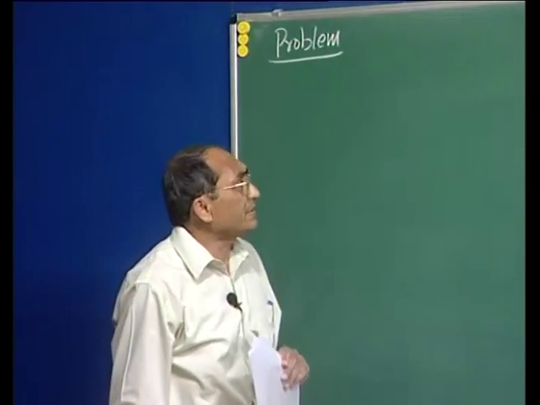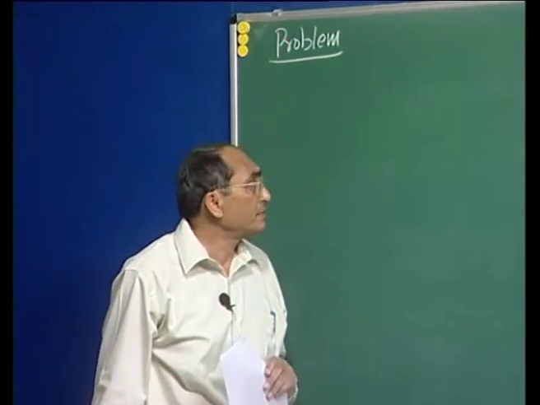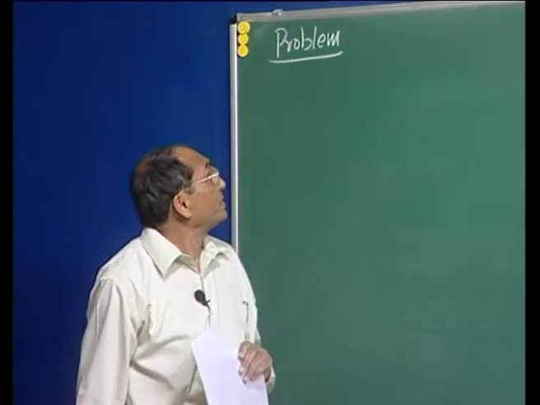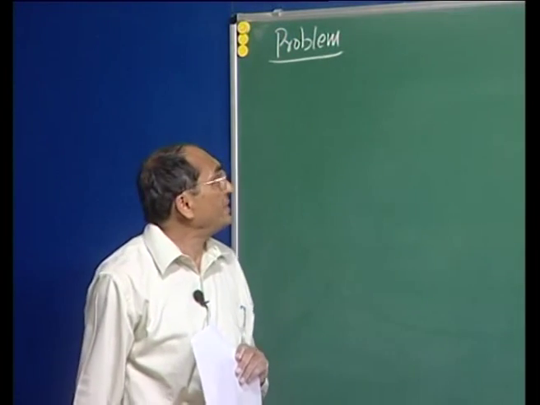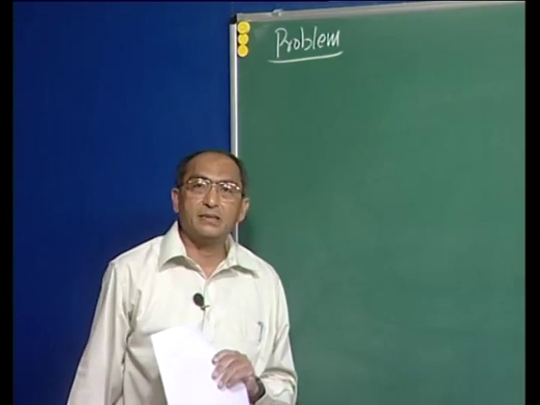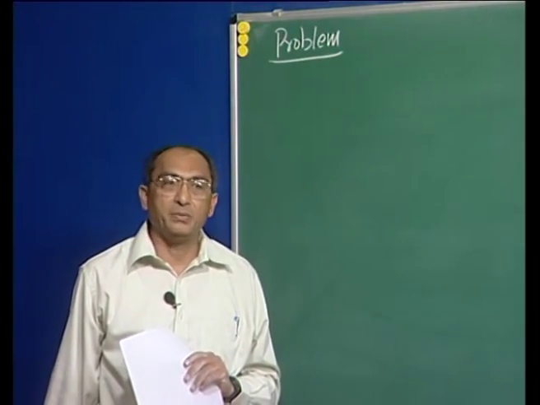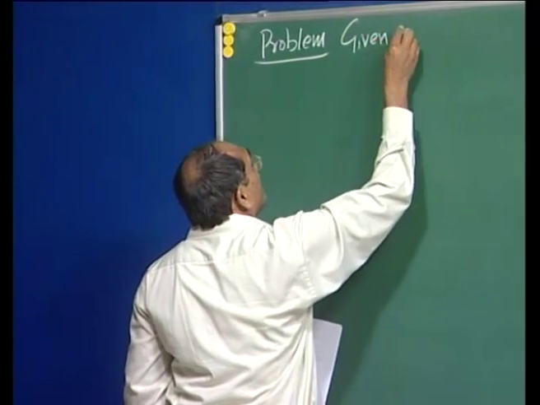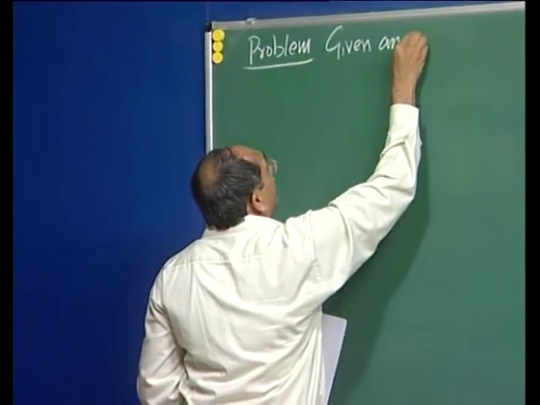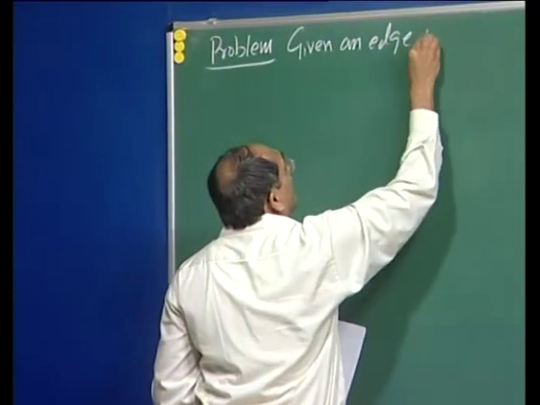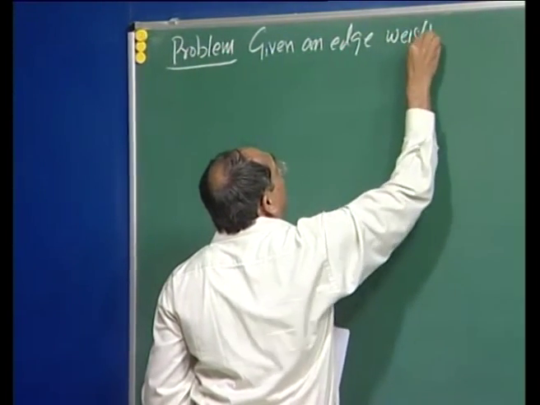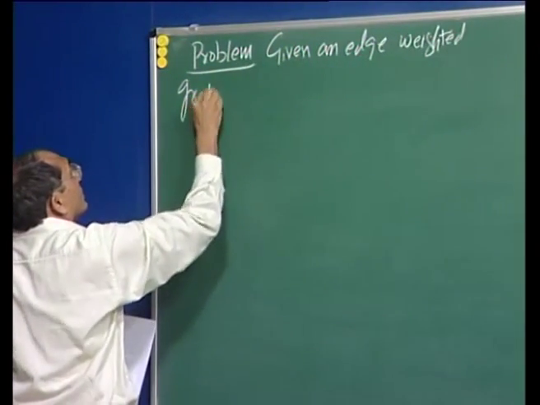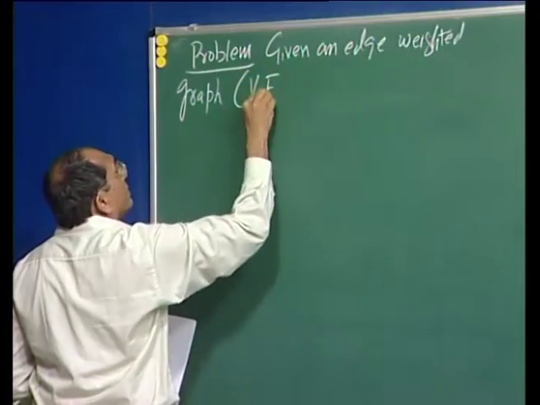The problem that we will discuss in the next class is computing a spanning tree in an edge weighted graph such that the weight of the spanning tree is minimum. So suppose we are given an edge weighted graph (V, E, W).